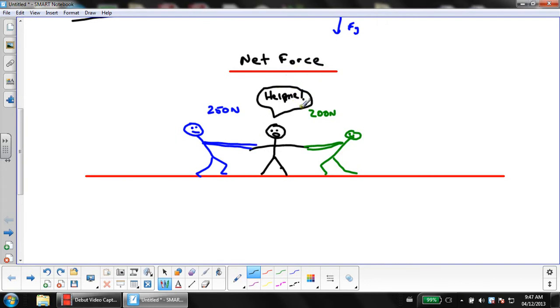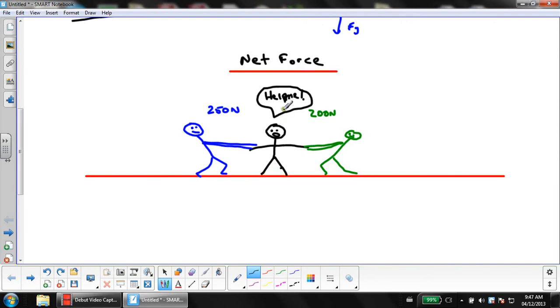Kind of like your net pay. If you have a job and you're making, whatever, $15 an hour, you work 2 hours, you might think, wow, I'm going to get $30. But you're not. There's going to be all sorts of things taken off, all sorts of deductions like tax and unemployment insurance and so on. And so your net pay is what you actually get after everything's taken away.